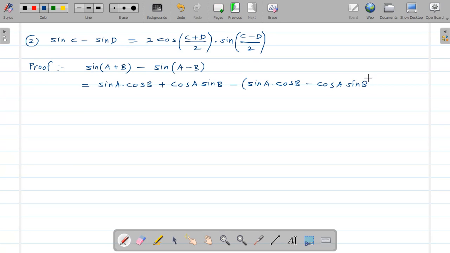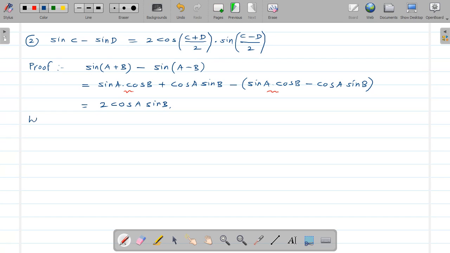Write in bracket because there is a minus sign. Now if you observe this carefully, which term will get cancelled? This one will get cancelled, because of this minus sign, and the remaining terms are cos a into sin b, and this is plus cos a into sin b, so that gives 2 times cos a into sin b.